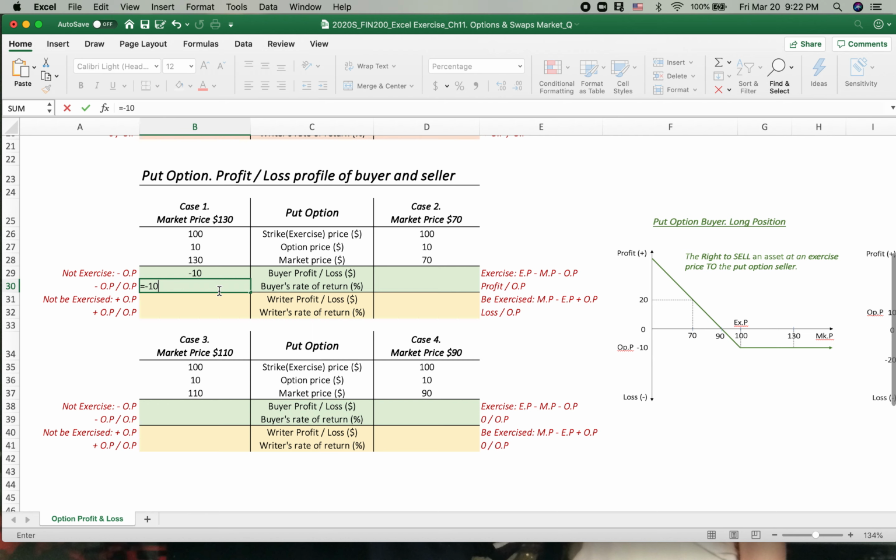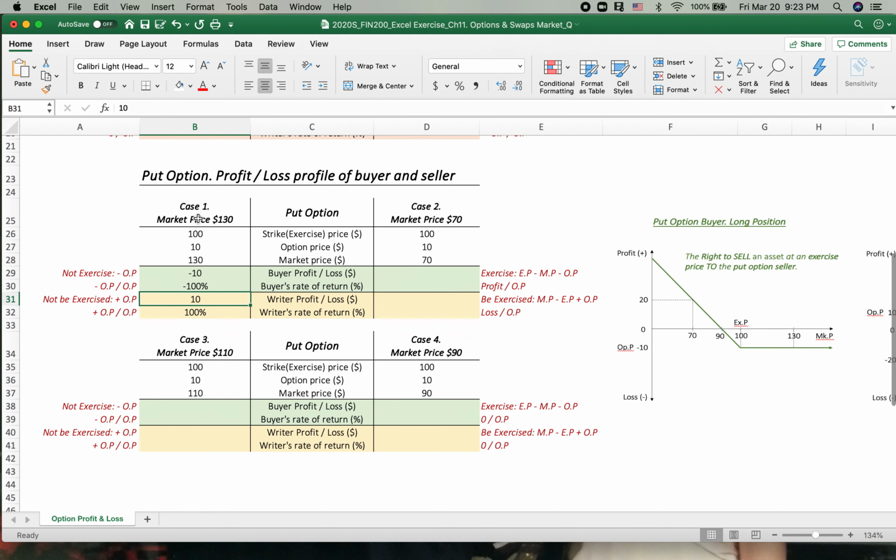So minus $10 divided by investment $10 is minus 100%, the buyer's rate of return when the market price went up to $130. Okay, the put option writer has plus 100% based on the zero-sum game, but I want you to know why.